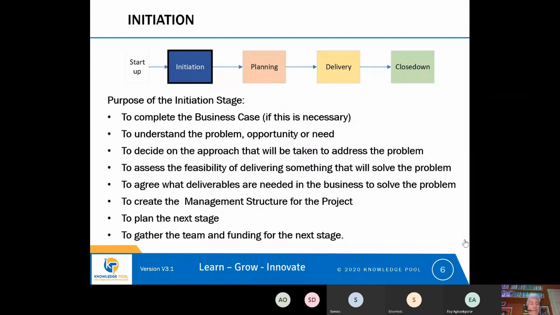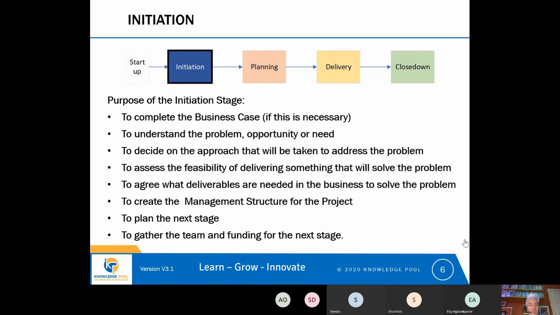It may involve setting up other decision-making forums, and it may involve setting up other roles within the project, such as a lead business analyst or a lead architect or other management roles within the project. So that creation of the management structure would be done during initiation.